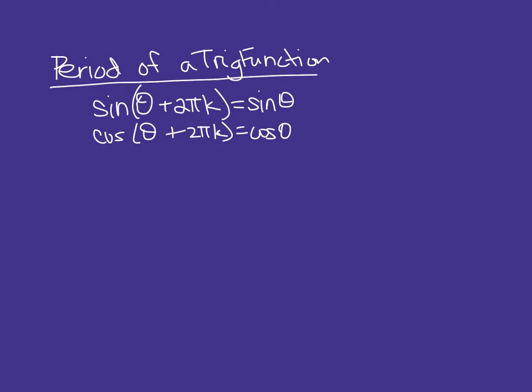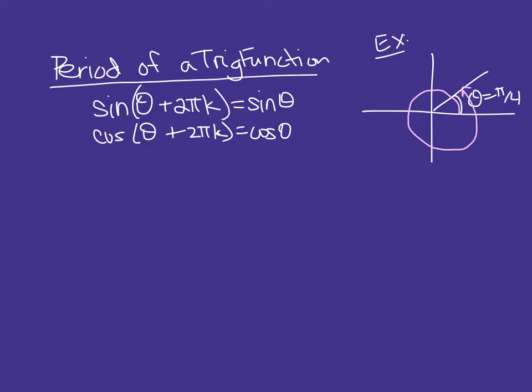And we can see that by looking at the unit circle. For example, if you have theta equals pi over 4, 45 degrees, we know that both sine and cosine of that are equal to radical 2 over 2. Let's say now that you go all the way around the circle and stop exactly 2 pi after pi over 4, which is going to be equal to 9 pi over 4.